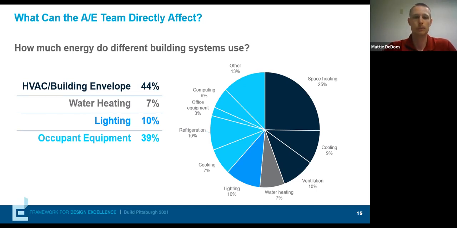And this accounts for over a third of the building's energy use. Now, as architects and engineers, that's outside of the scope that we really have control over. We can make recommendations to the owner to buy more efficient equipment, but really we're only working with two-thirds of the pie.